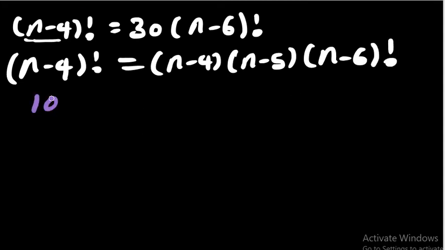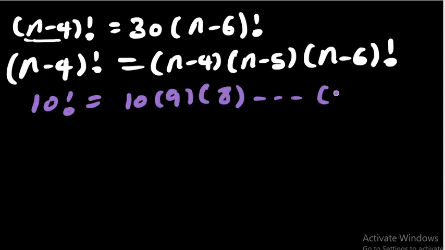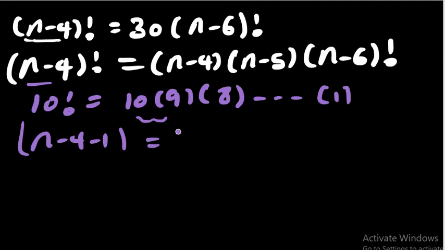Remember the rule: 10 factorial is 10 times 9 times 8, continuing until multiplied by 1, reducing by 1 each time. So n minus 4 reduced by 1 is n minus 5. I stop at (n minus 6) factorial, because the right hand side contains (n minus 6) factorial.